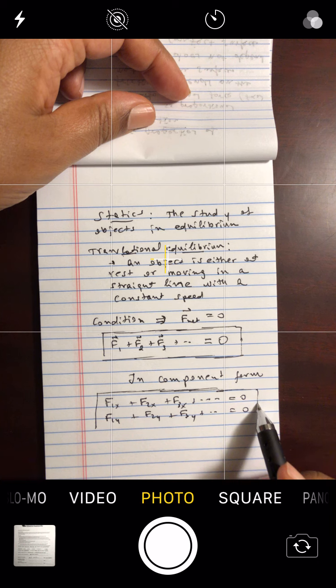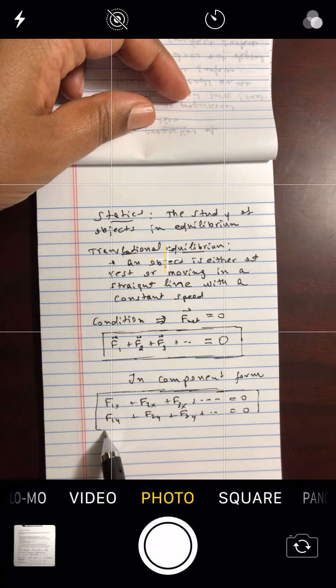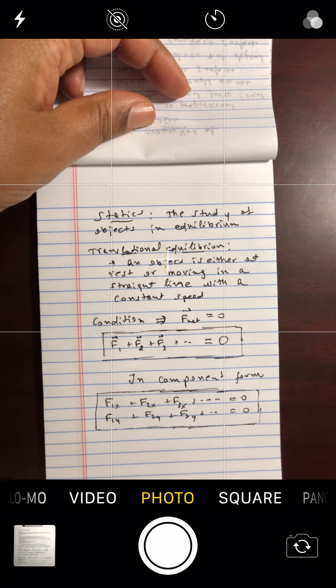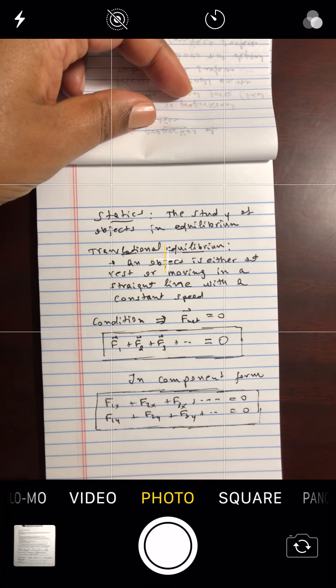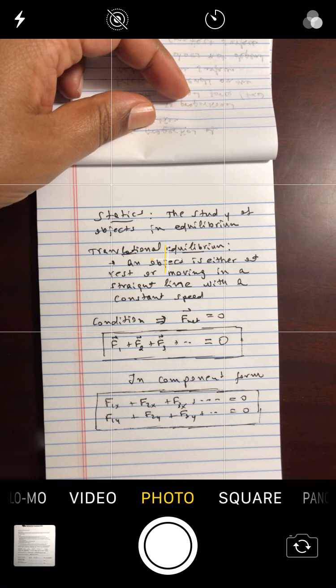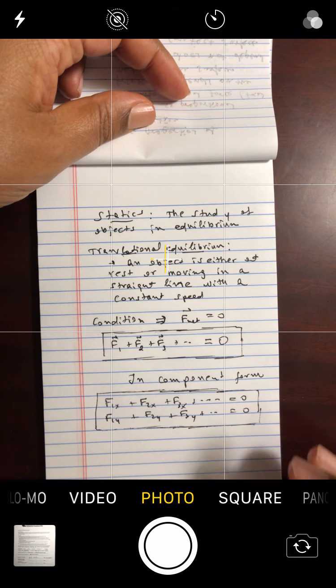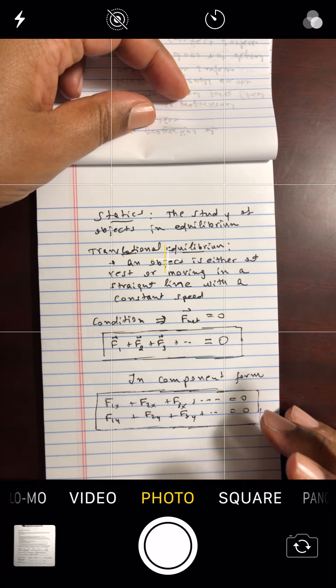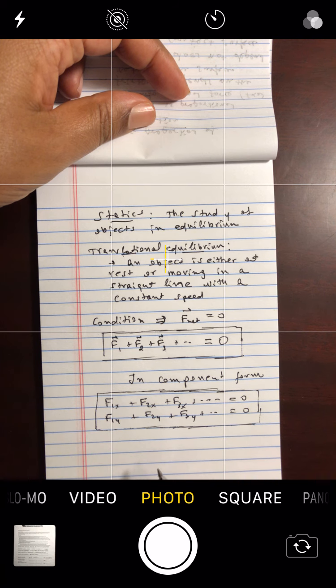So if you know that an object is in equilibrium, that is, if you know it is either at rest or moving in a straight line with a constant speed, you can use these equations. You have two equations, which means you can solve for two variables. Let's consider some examples to demonstrate the use of these equations.